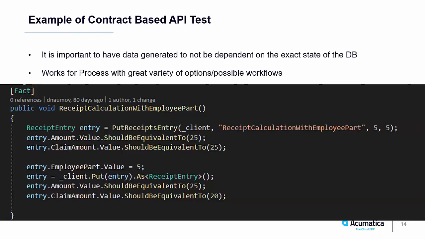You can even use Postman for that, and then you verify the response that you get from the system. Normally a test that creates a couple of documents and then, for instance, releases these documents and checks the resulting values can be executed in several seconds. So it's still pretty fast. It's not as long as Test SDK tests.